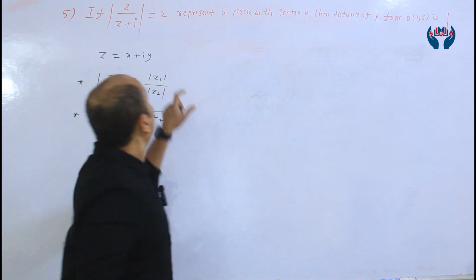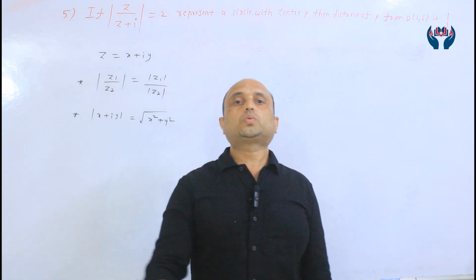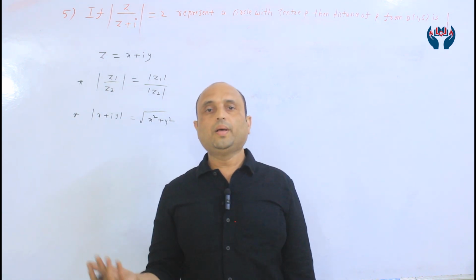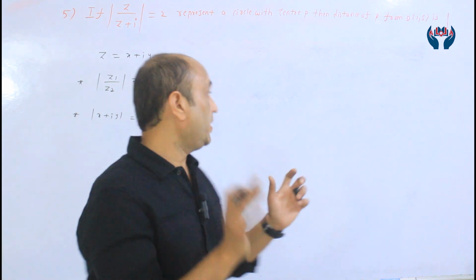The given equation of the circle is in complex form, so convert it into general form, then find the center, and then find the radius.